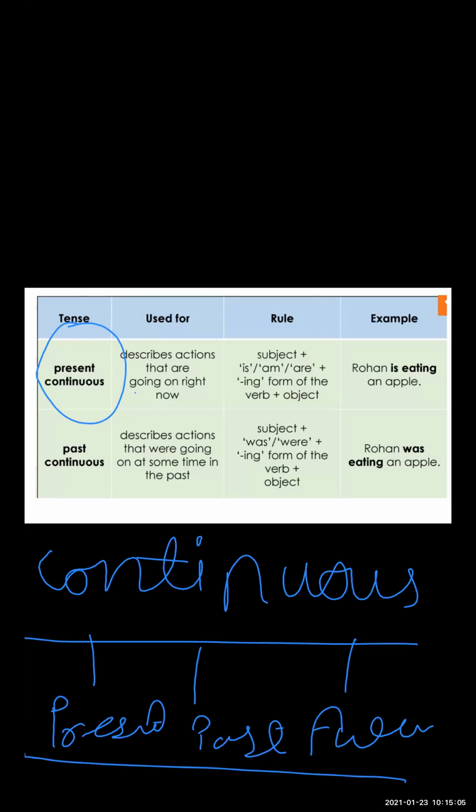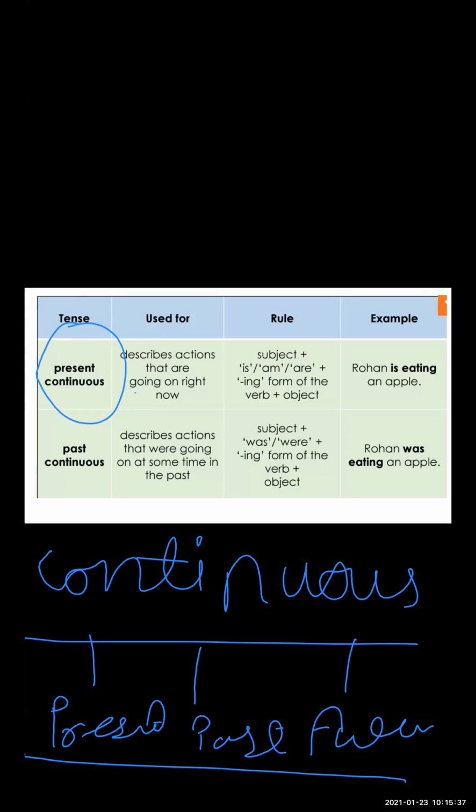I just simply added ing to that verb, eating, as well as the helping verb to describe the present continuous. In present continuous, you are going to add helping verbs like is, am and are.